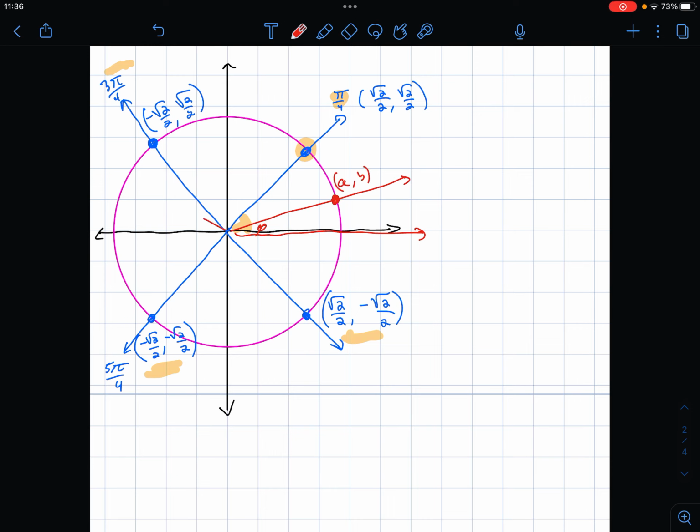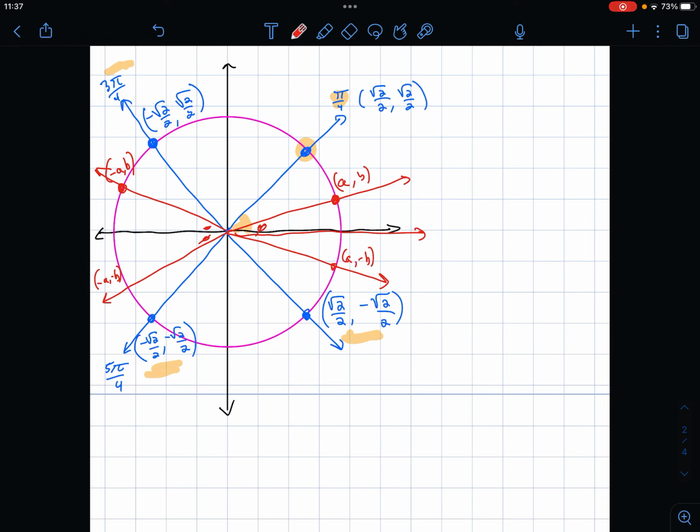Well, then the symmetry would tell me that I have some other angle with a reference of theta out in this quadrant, and the coordinates would be negative a comma b. So my x coordinate becomes negative, my y stays positive. Then in quadrant 3, I would have another angle with that same reference angle. This would be negative a comma negative b. And then in quadrant 4, I would have positive a, negative b.